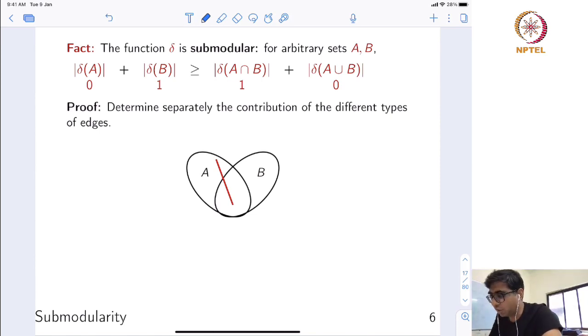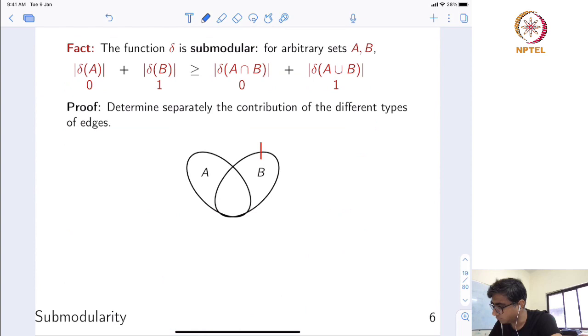But it is not contributing to the boundary of A union B. So an edge of this nature contributes one to the left hand side as well as one to the right hand side, and hence its contribution is proper. Now similarly, look at an edge which leaves from the intersection but now goes to the B side. Now it is contributing to the delta A side, and similarly to A intersection B, but not to the other.